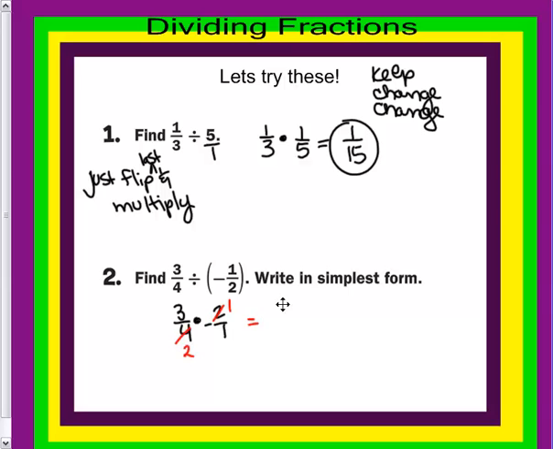So 3 times 1 is 3, 2 times 1 is 2. Ooh, and I have a negative here. A positive times a negative is a negative. So I can then change this from an improper fraction to a mixed number, and I get 1 1/2, and it's a negative.